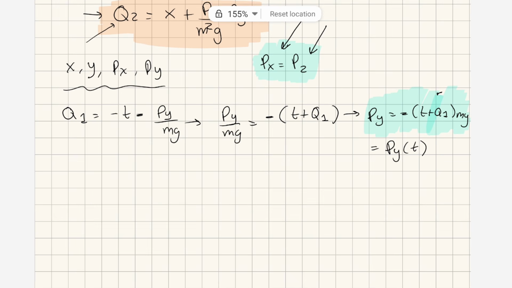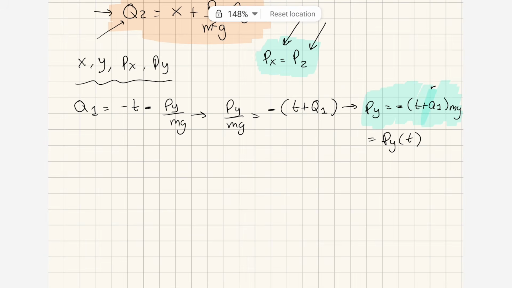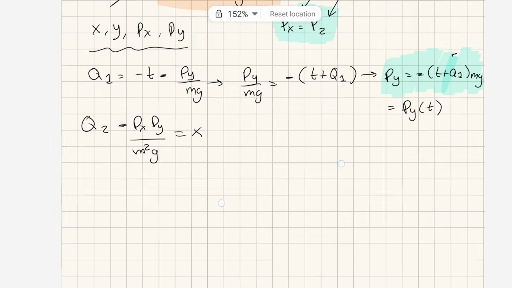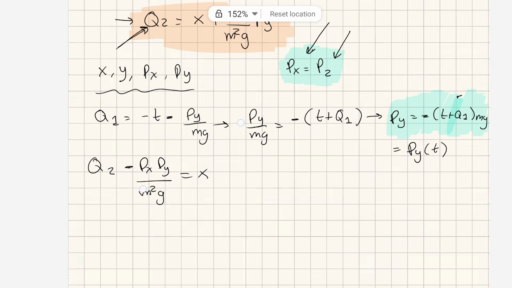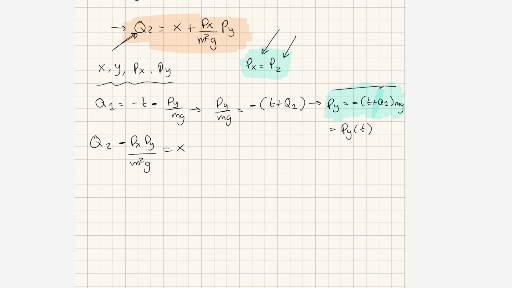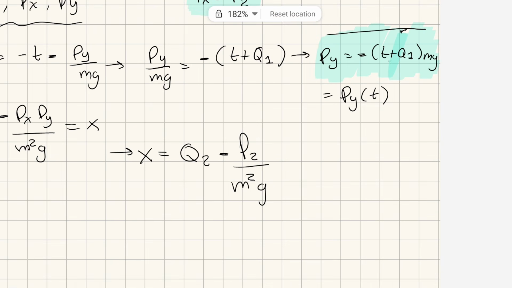So what happens with the x and the y? Well, we found that the q2 that we have here is this equation, but we can set that this is q2 minus px py divided by m squared g is equal to the x. But we know that px is equal to p2, and py is all this thing. So that means that x is equal to q2 minus p2 divided by m squared g times py, but that is minus all this thing.